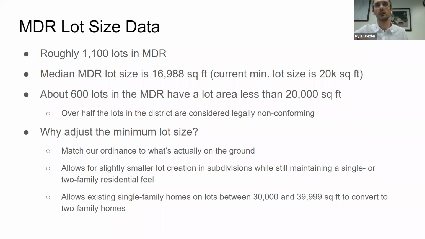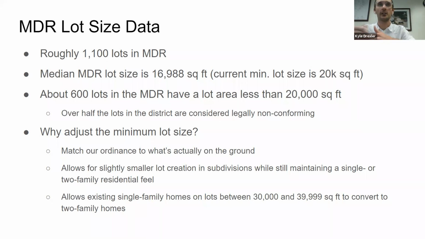It also would allow single-family homes between 30,000 and 39,999 square feet to convert to 2-family homes. And this seems oddly specific, probably, but there have been times where people have called looking to do things like this, and they can't because they have just small enough lot size where they don't have enough lot area to become a 2-family home.